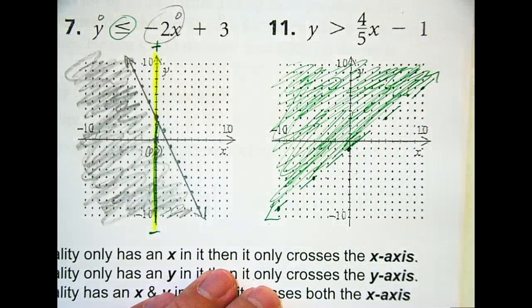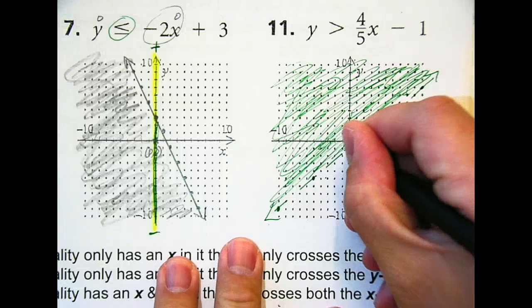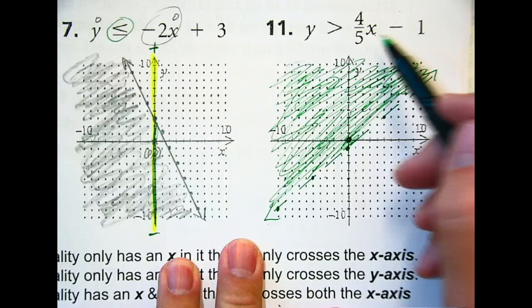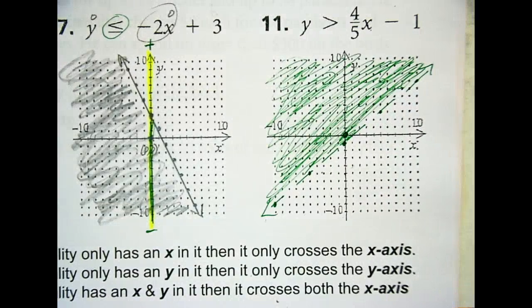If my shading's correct, how would I know 0, 0 is a solution? Tell your neighbor. That's going to be a test question. Tyler? Because 0, 0 is in the shaded area. Therefore, it is a solution. If you wanted to make sure, you could always plug it in. 0 is greater than negative 1. That's true, so it's a solution.